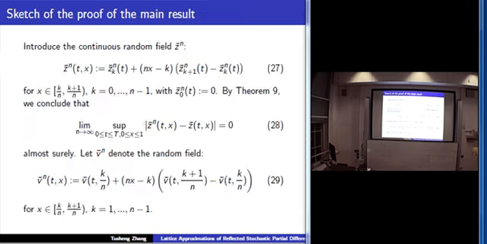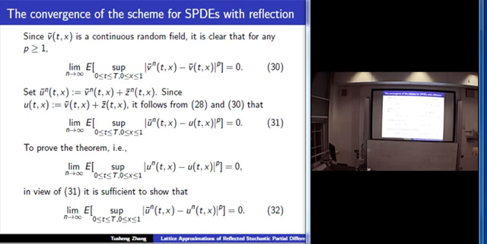We already proved this convergence. So if we define this as UN bar, a discretization scheme for the random parabolic obstacle problem, then we know that UN bar converges to U, and to prove the theorem, I just need to compare this UN bar with my UN.